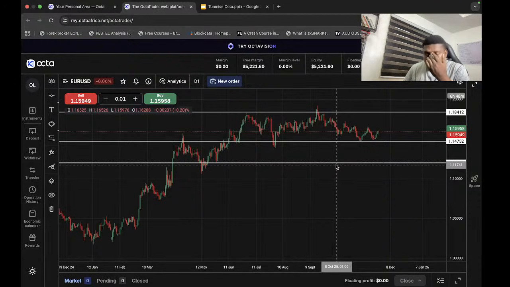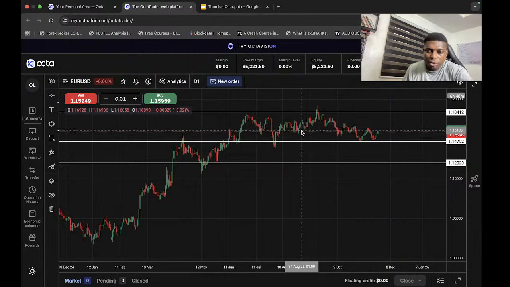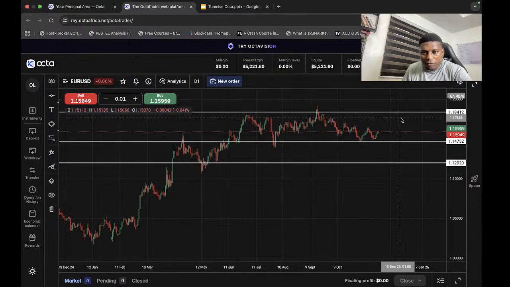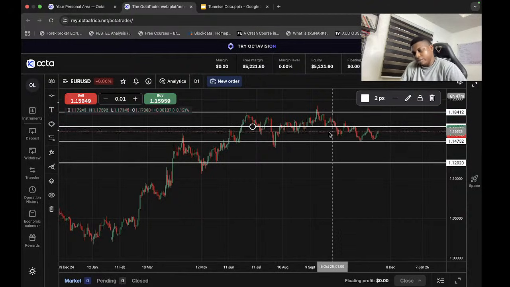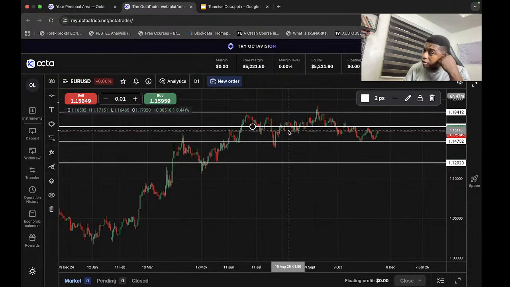Now let's look inward to the minor support and resistance levels. On the daily time frame they are minor, but on the 4 hours time frame they can be a major level to watch. And one of them is this level.